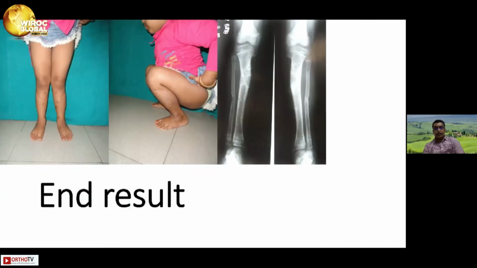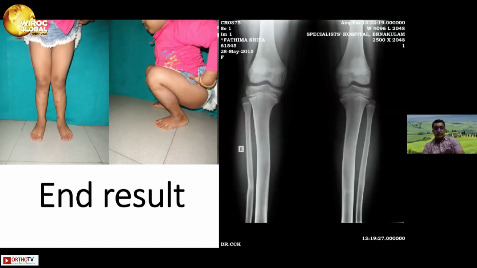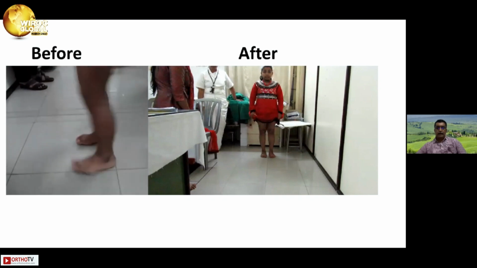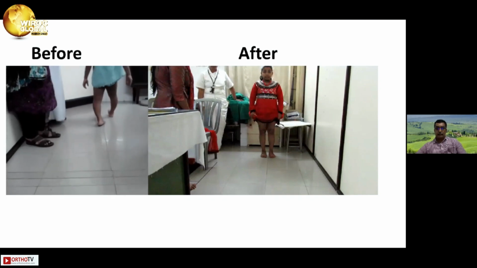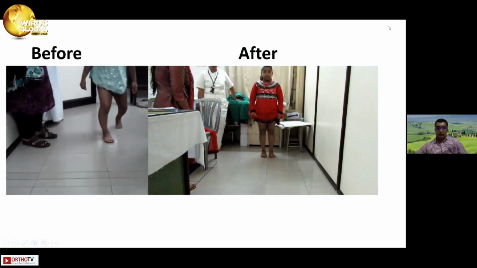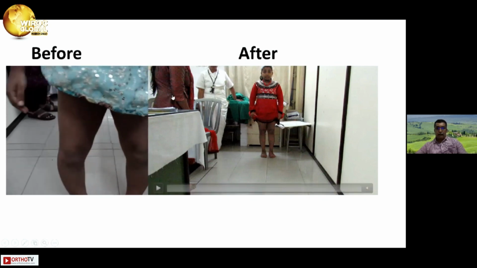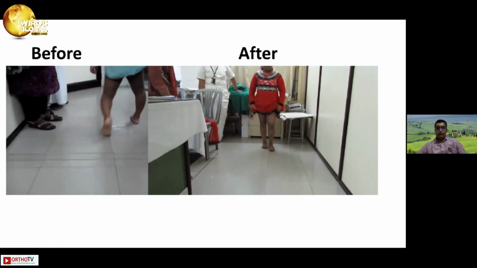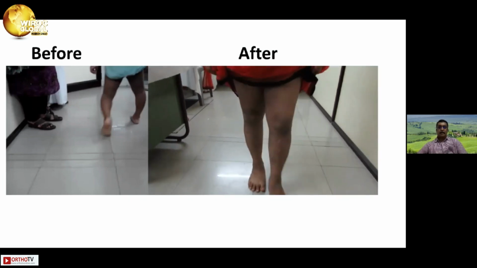We overcorrected it to about 5 to 6 degrees of valgus, and this is before. And this is after, almost a normal looking gait.